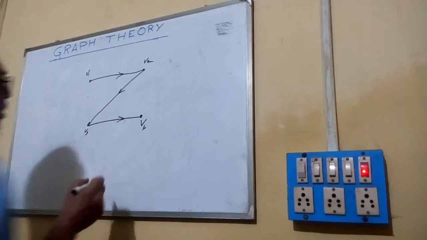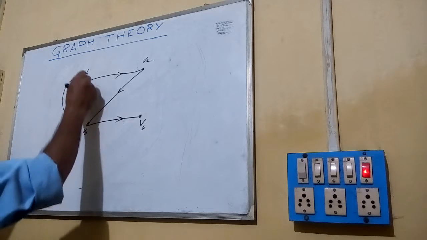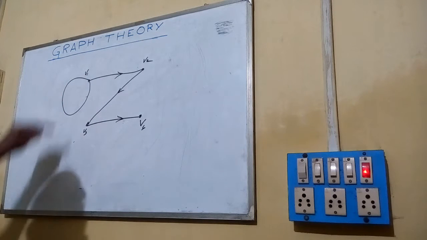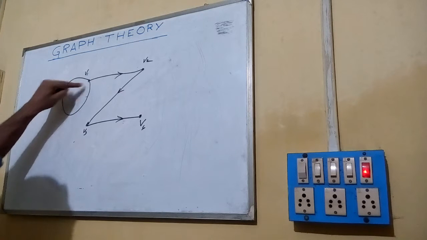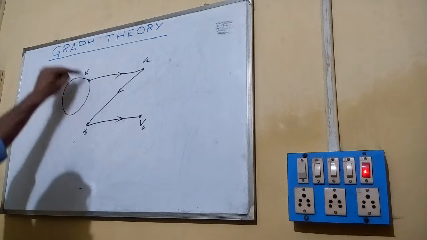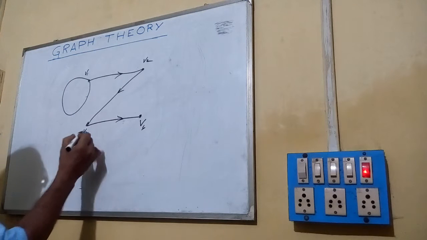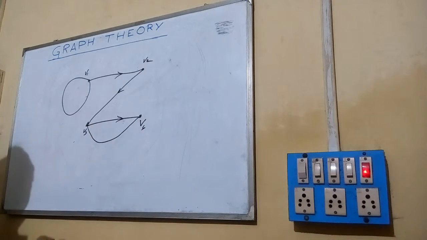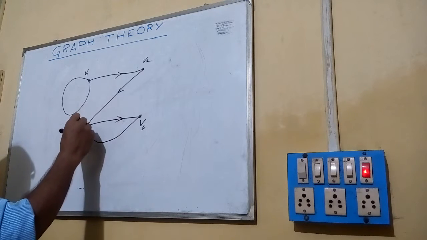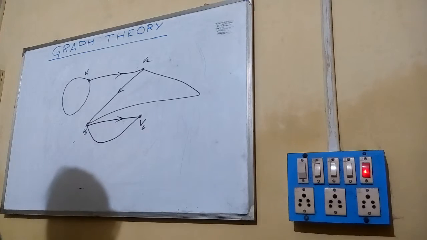One more thing we have to know: this is called a loop, that is, an edge starting at V1 and ending at V1. With a single vertex, there can be a loop. Similarly, between V3 and V4 there may be another edge, and between V3 and V2 there may be another edge.